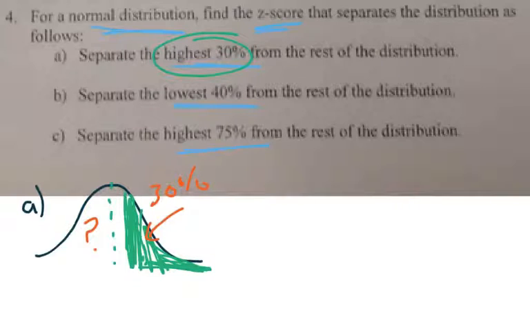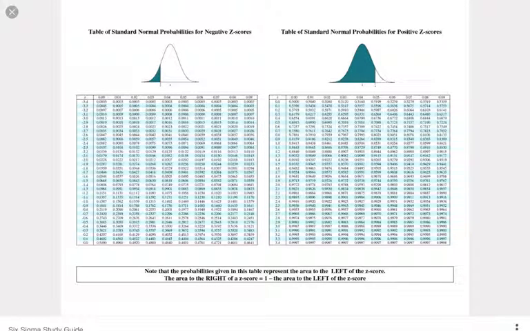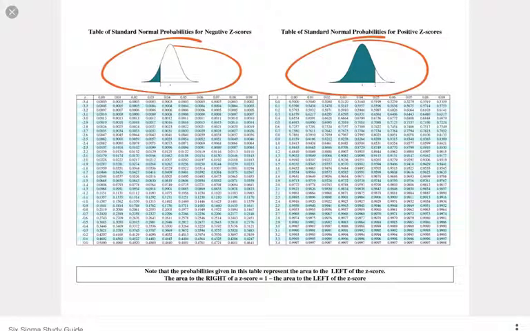I'm going to reference the z-table one more time, because I want you to notice here and here, no matter whether you're a negative or positive z-score, it's always starting at negative infinity, and you're finding the values going towards the mean. You're always reading from left to right.